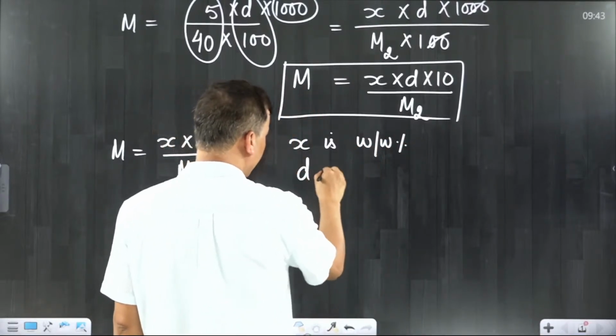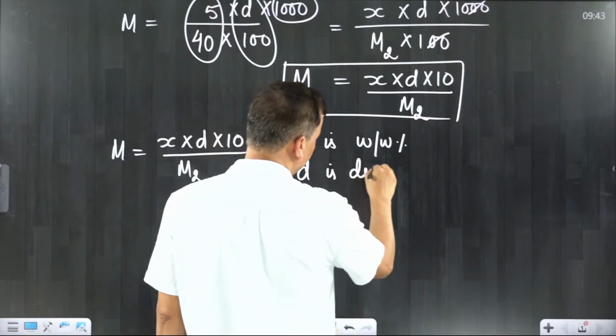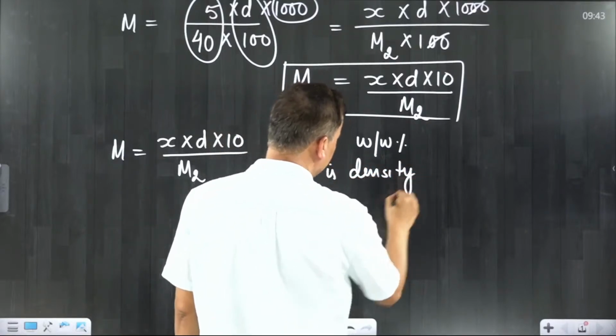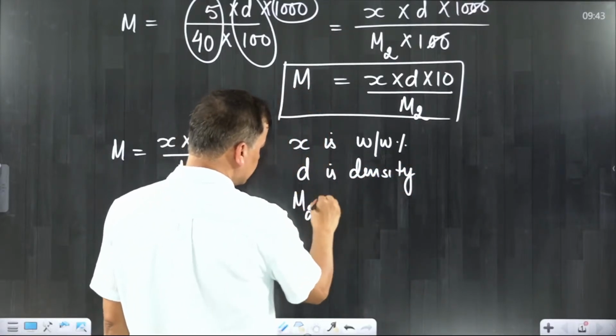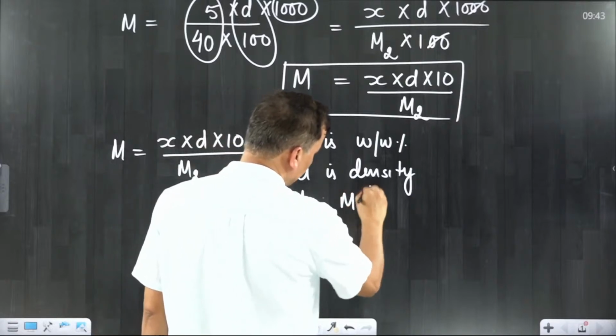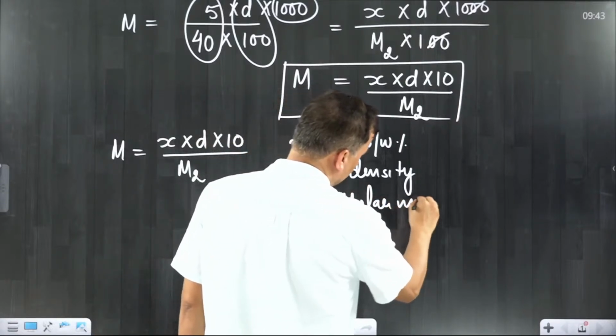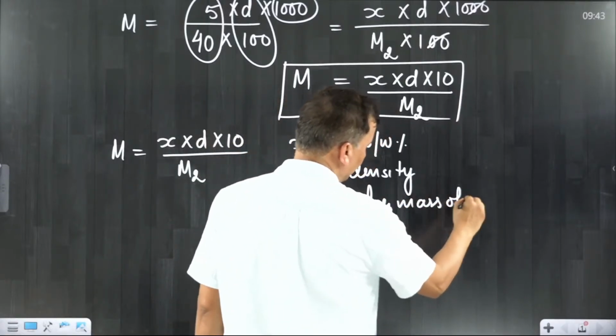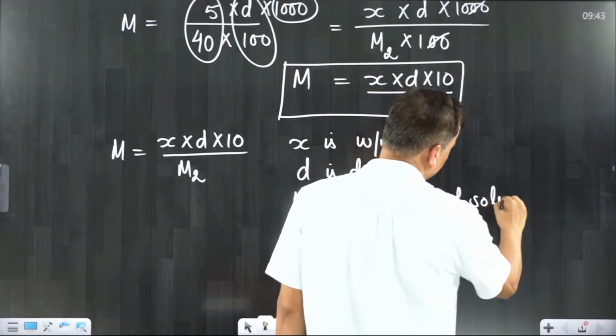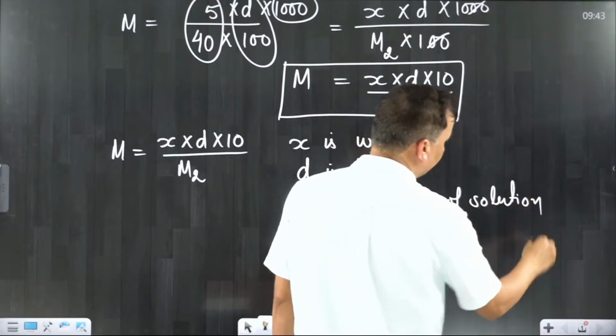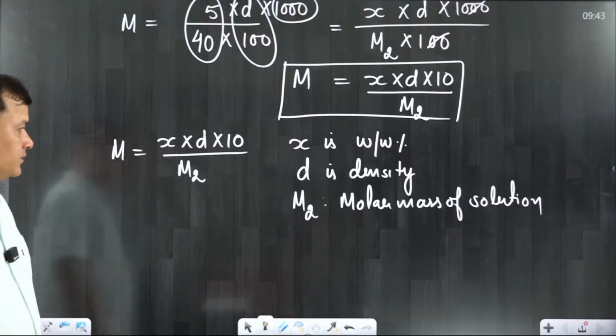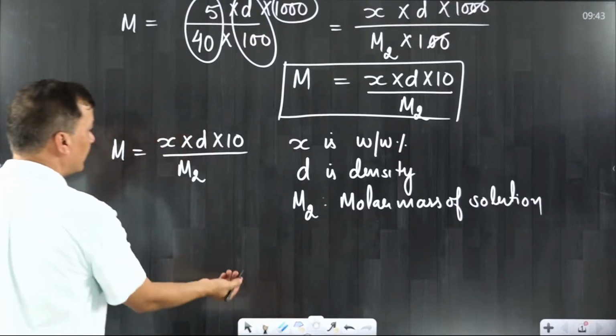D is density. M2 is what? That is molar mass of solute. My dear student, important one. So many times questions related to this one are there in NEET.